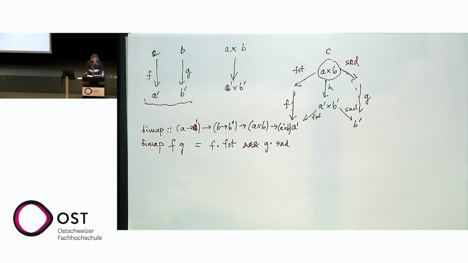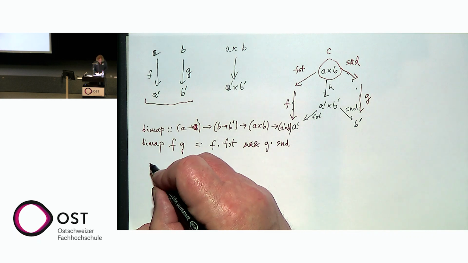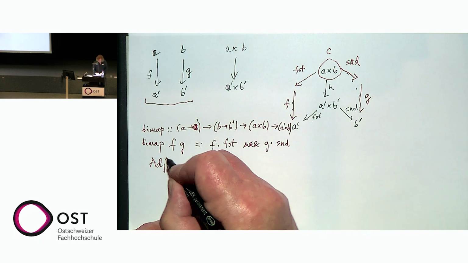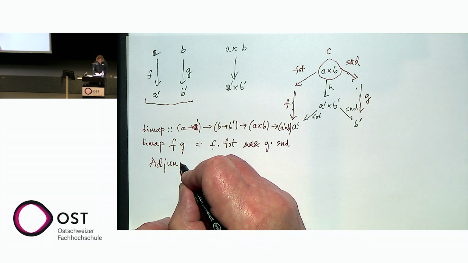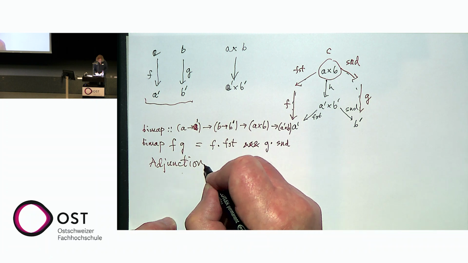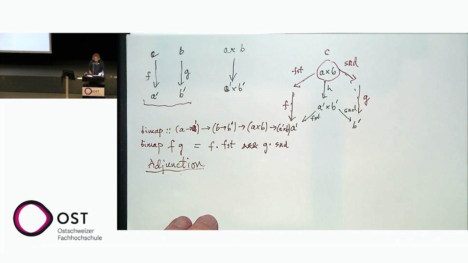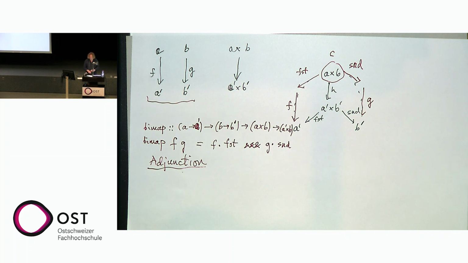So now, this is an example of a more general construction in category theory that has a scary name of adjunction. And adjunction means just that you have corresponding arrows. You have some arrows on one side and you have some arrows on the other side.